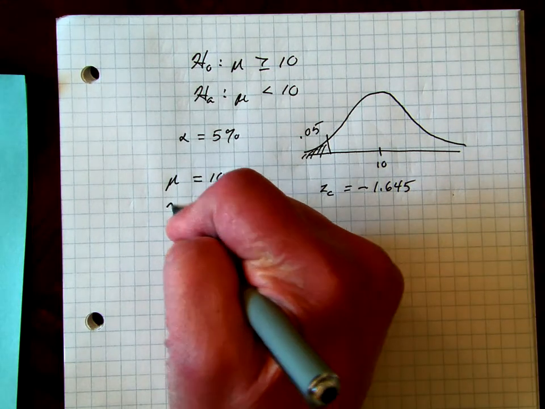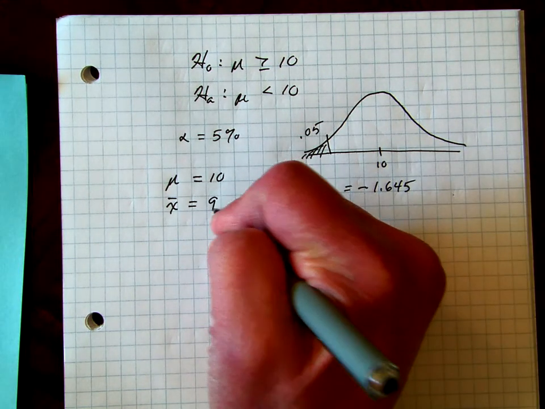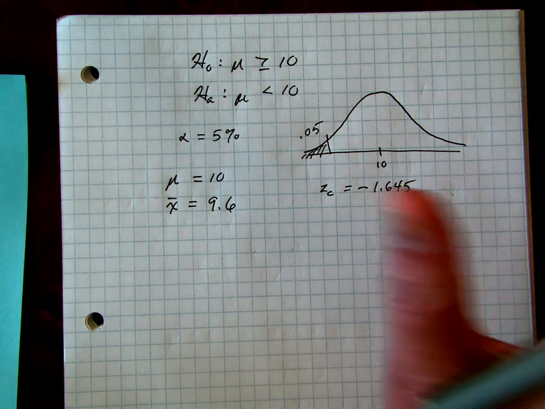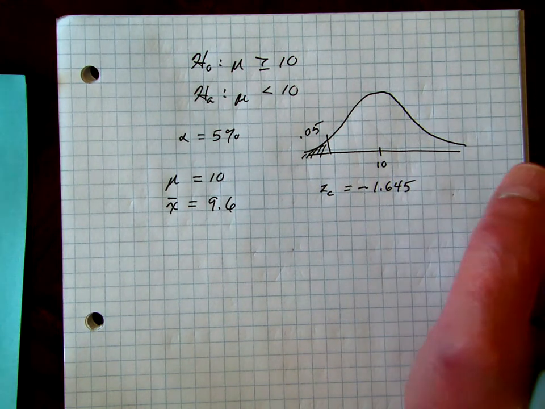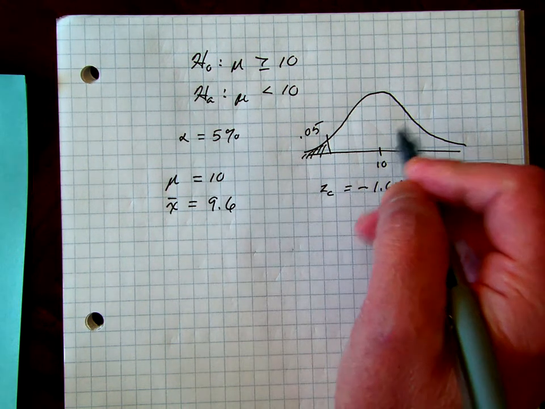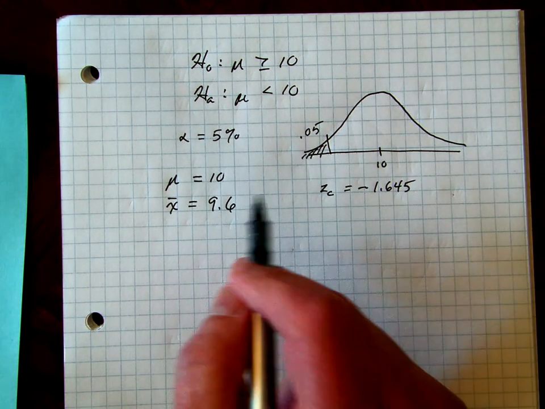So we're assuming, for the time being, that mu is 10, based on our equality from the null hypothesis. Let's suppose that we took a sample and found out that we had a lifetime for our batteries of 9.6. Okay, let's say those are hours. And if this had been higher, we already knew that that would be acceptable. So this is low, and we want to know if it's too low.